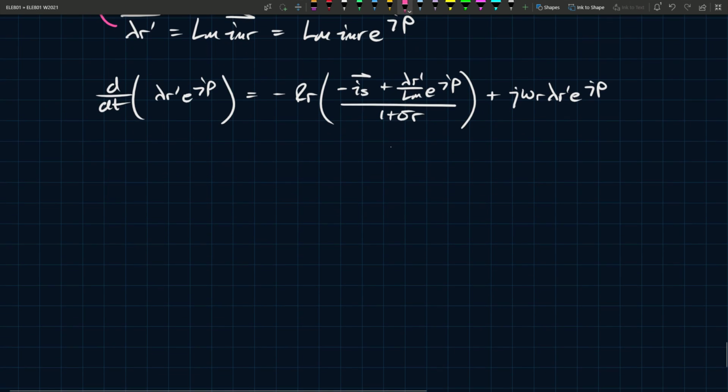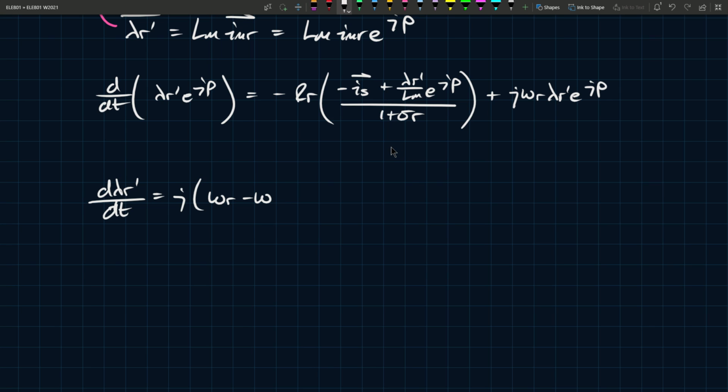Anyhow, if we do some massaging of this equation, rearrange things and simplify as much as we can, we'll get into another step where we can say that d lambda r by dt is equal to, so this is j omega r minus omega s, well, just omega, because we've used omega.